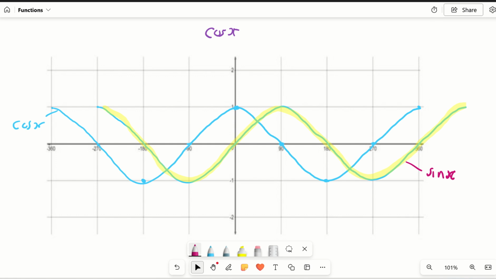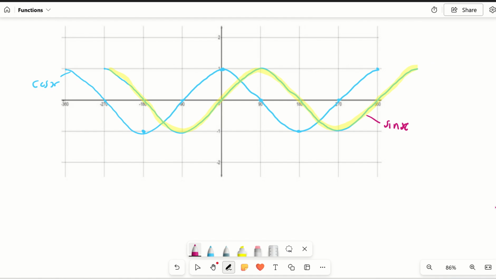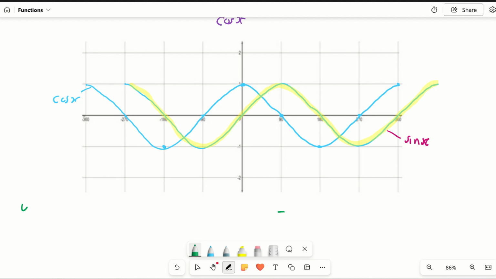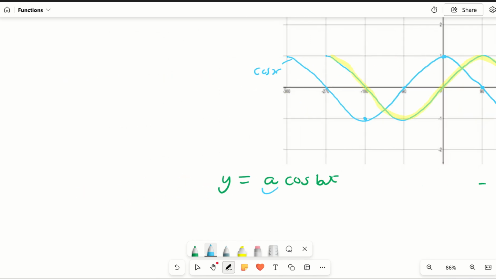Now, there are certain things that you need to pay attention to as well. All forms of the cosine function come in this format: A cos bx, where the A gives you an indication about the amplitude. What is the amplitude of a wave?